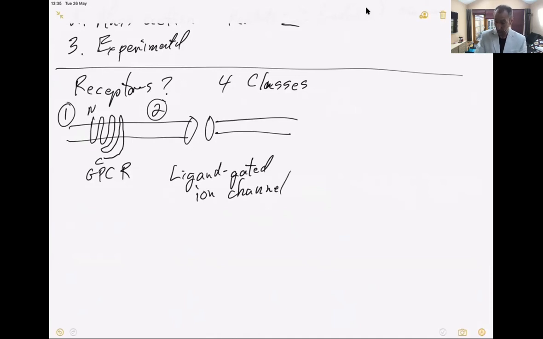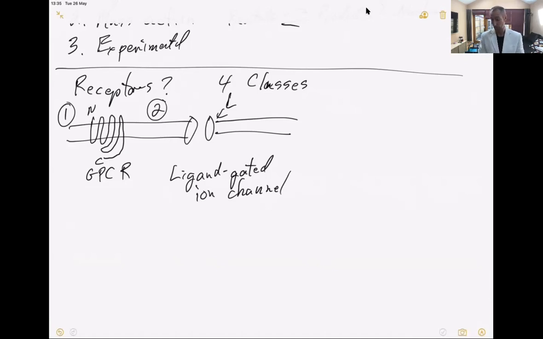And a small molecule, a ligand, capital L, will bind, it will open. Depending on the properties of the channel and the ionic gradients, it will let things in, things out. It might be cation selective, anion selective. These would be things like glutamate will bind to ion channels in the brain. So glutamate synapses, when you've got one nerve and another nerve, one releases glutamate, it binds to a ligand-gated ion channel, either the NMDA receptor or the AMPA receptors. If you don't know about those, you'll learn about them at some point. These are non-selective cation channels, and cations will flow into the cell, and you'll trigger an action potential.